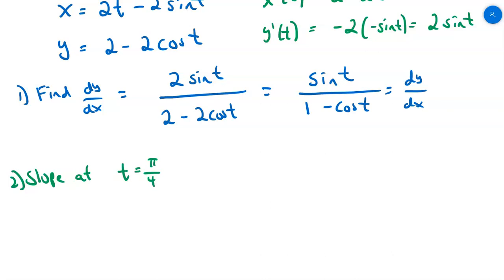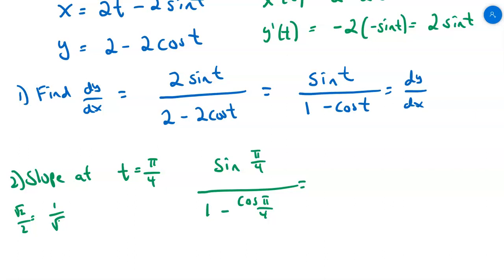So I should do the sine of pi over 4 divided by 1 minus the cosine of pi over 4. All right, so if we use exact values, the sine of pi over 4 is root 2 over 2. What if I unrationalize this for a second, because I think this will make it easier for us. If I unrationalize this, I know it's not a technical term, I end up with 1 over the square root of 2.